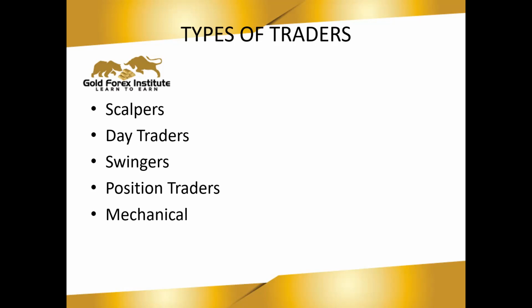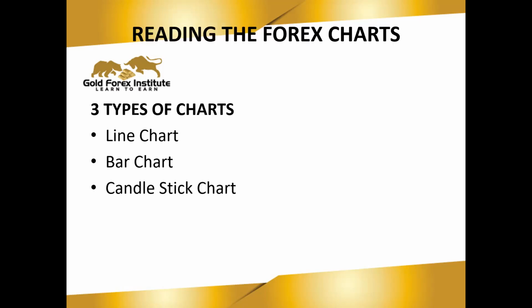Some can also place their trade and it will take about 1 week. Long-time investment. You see that? So that is it. It's very clear like that. So you know the kind of trader you want to be. Then you learn it, research. Reading the Forex charts. So we'll be reading the Forex charts in that order.